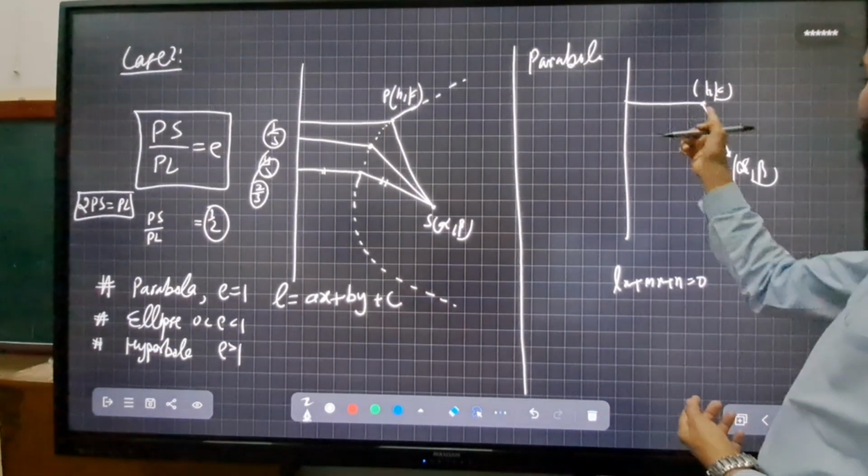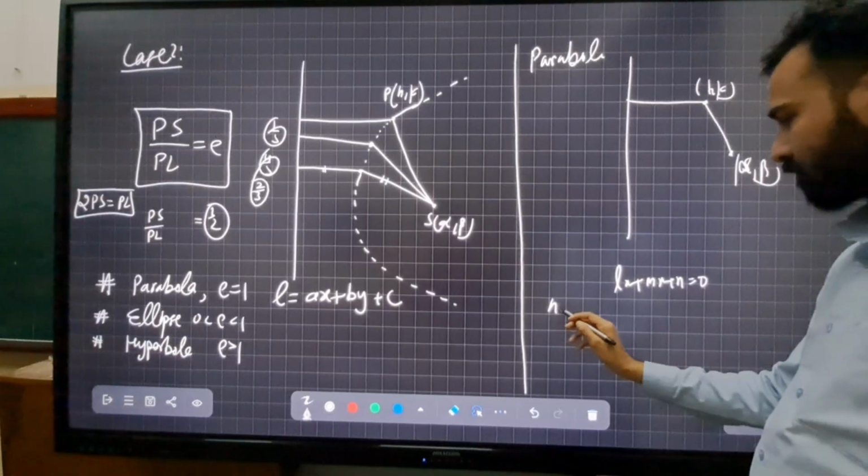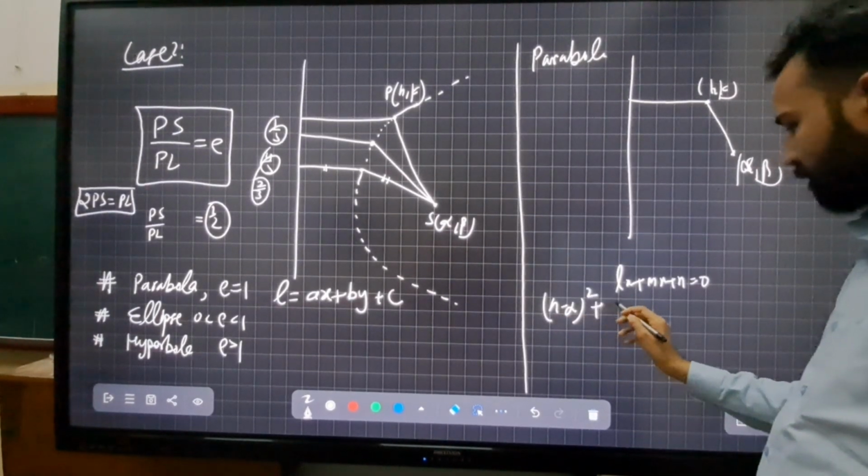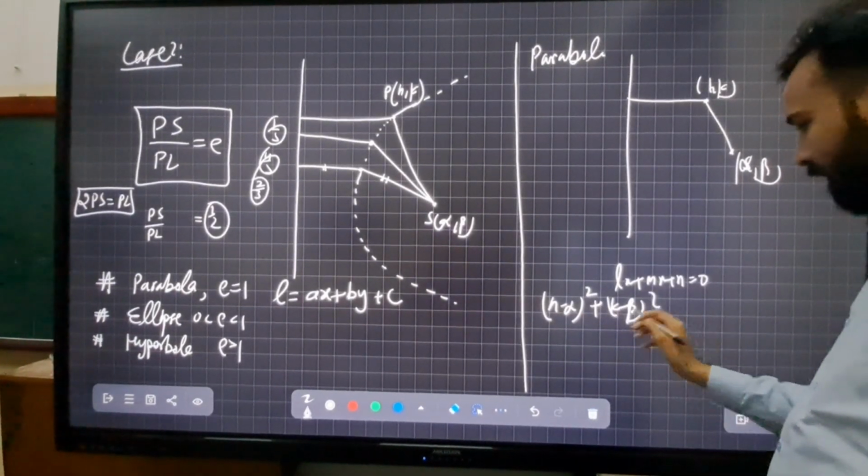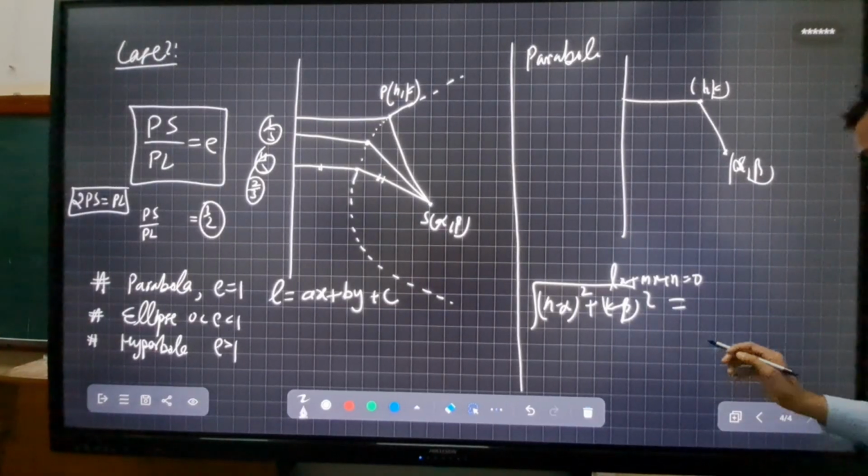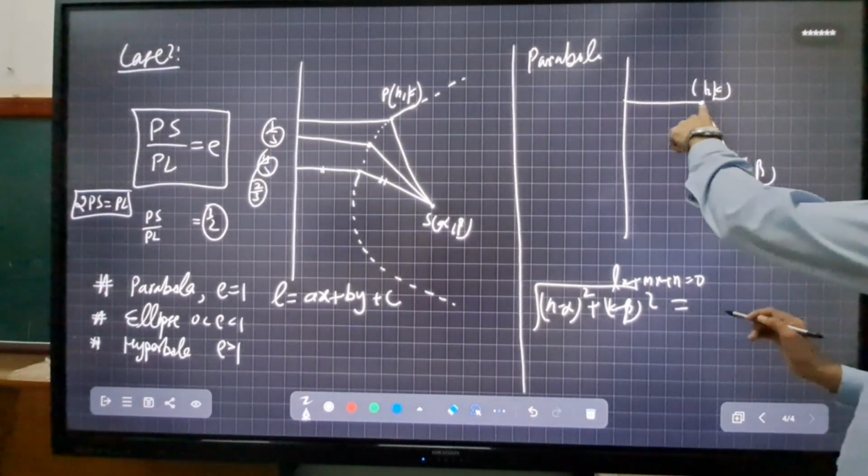So what is the distance from P to S? Just the distance formula: h minus alpha whole square plus k minus beta whole square, equal to the distance from P to this line.